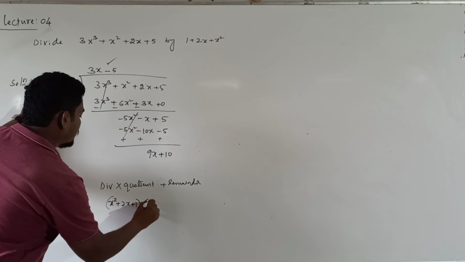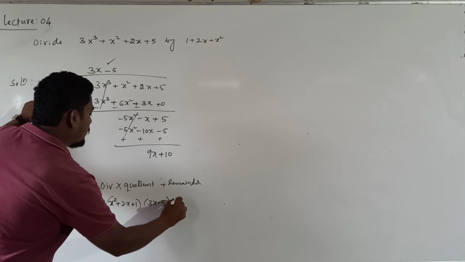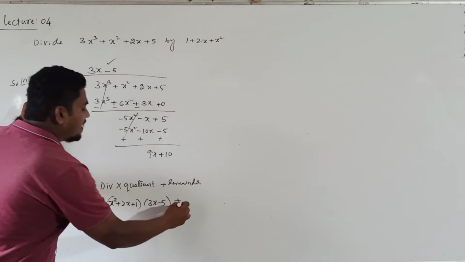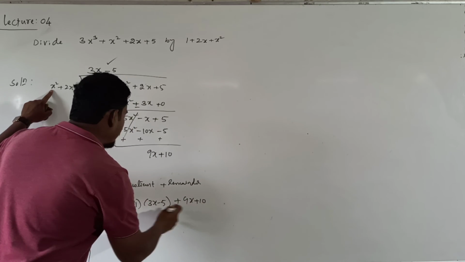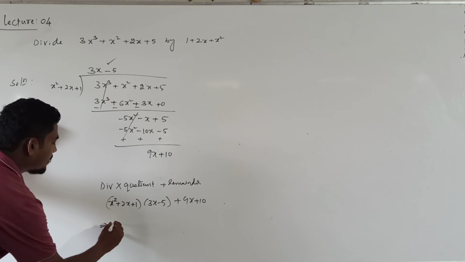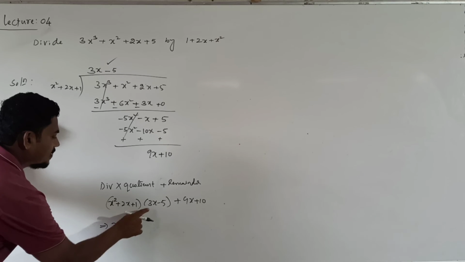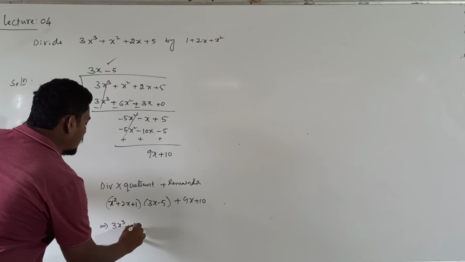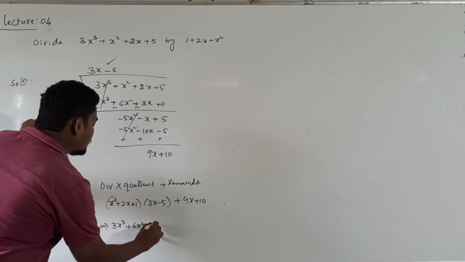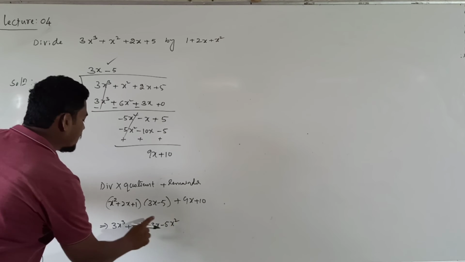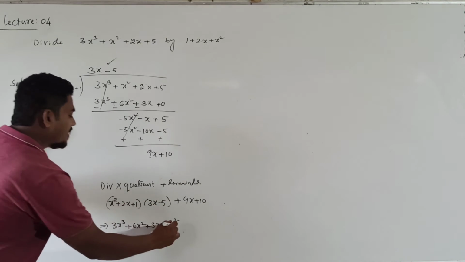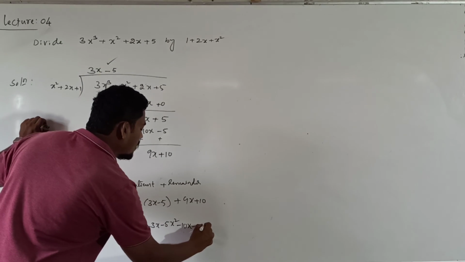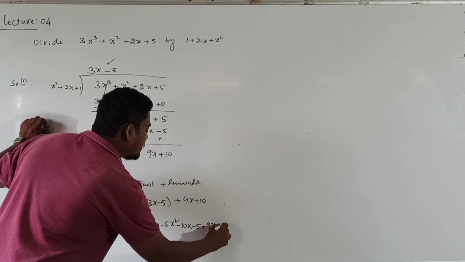What is quotient? 3x minus 5, plus remainder, that is 9x plus 10. Now usual multiplication, it gives 3x cube plus 6x square plus 3x minus 5x square minus 10x minus 5 plus 9x plus 10.